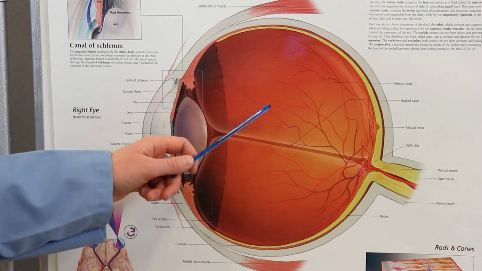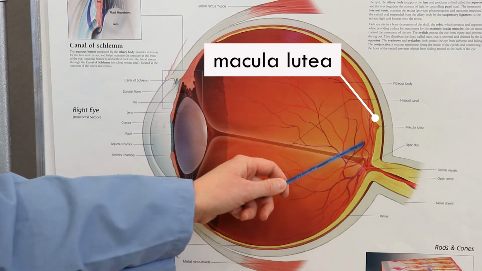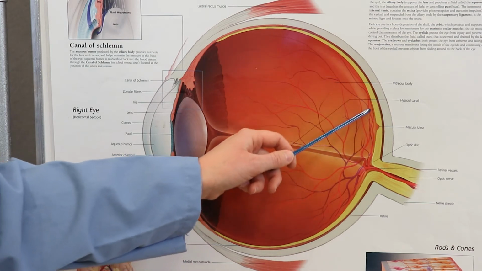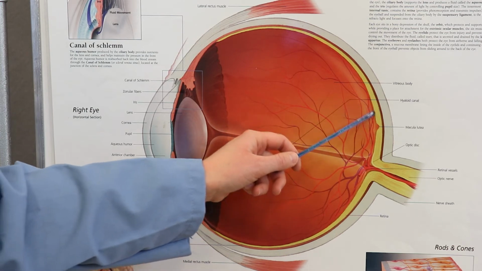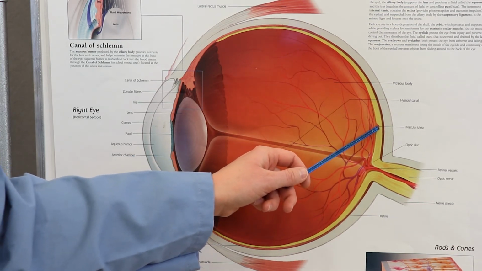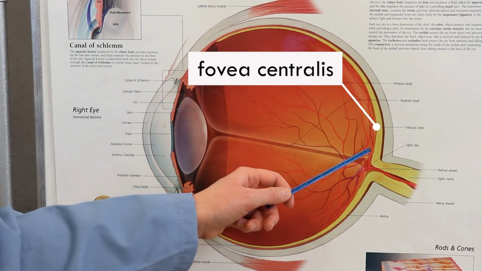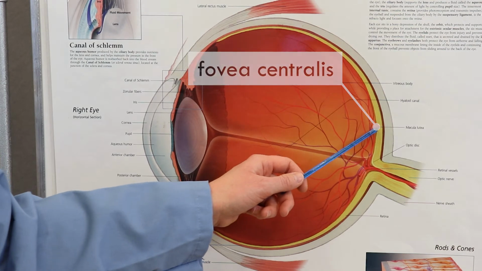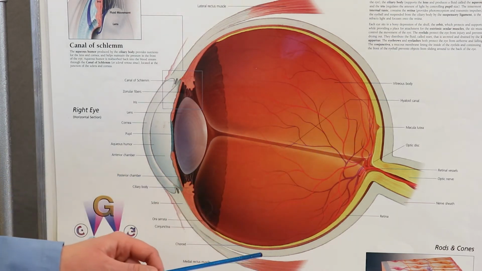So those photoreceptors are concentrated particularly in the macula lutea, which is a particular place that is right at the back of your eye, slightly lateral, and especially in one point right in the center of that macula lutea, which is called the fovea centralis. I'll show you that on another part of the chart here as well.